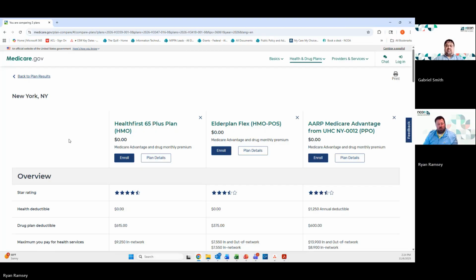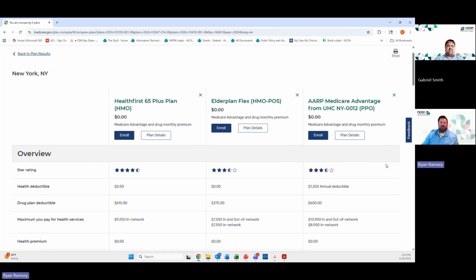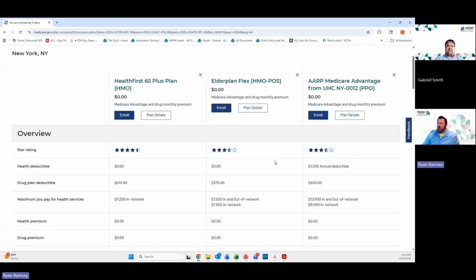They're going to, in general, have a more restrictive in-network-only network, whereas PPOs are generally going to be a little bit more flexible. They're going to be more likely to have in-network and out-of-network coverage. But that does not mean that is reserved primarily for one of those. That is just a very quick, general overview of HMO versus PPO.